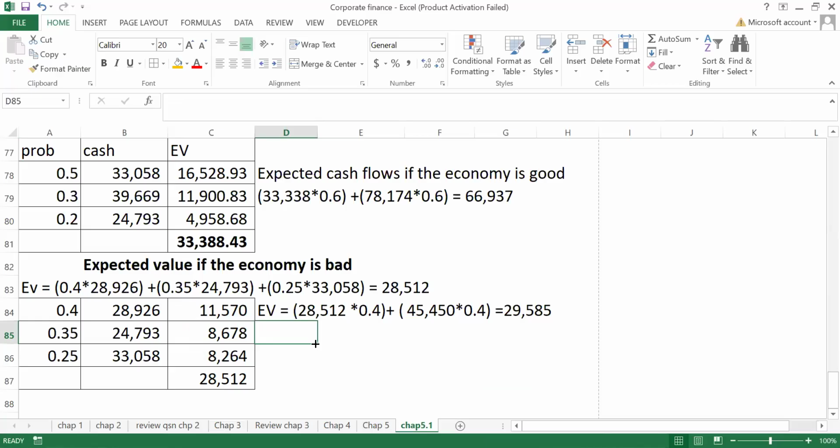Yes, I can see it. So now we are going to take the total. If the economy is bad and the economy is good, the total expected value in all the years, when the economy is good or economy is bad.